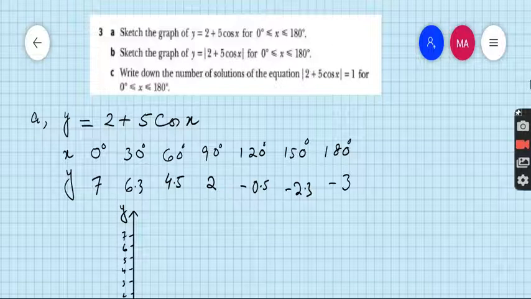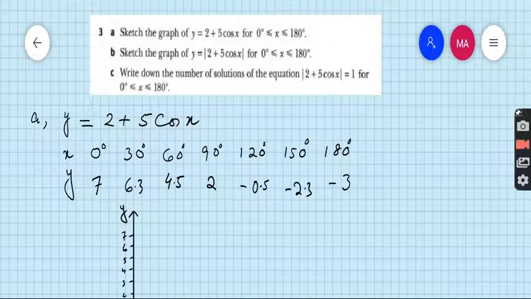Now put the values in your scientific calculator. 2 plus 5 cos 0, you will get 7. 2 plus 5 cos 30, you will get 6.3. 2 plus 5 cos 90, you will get 2, and so on. 2 plus 5 cos 180 degrees, you will get minus 3.